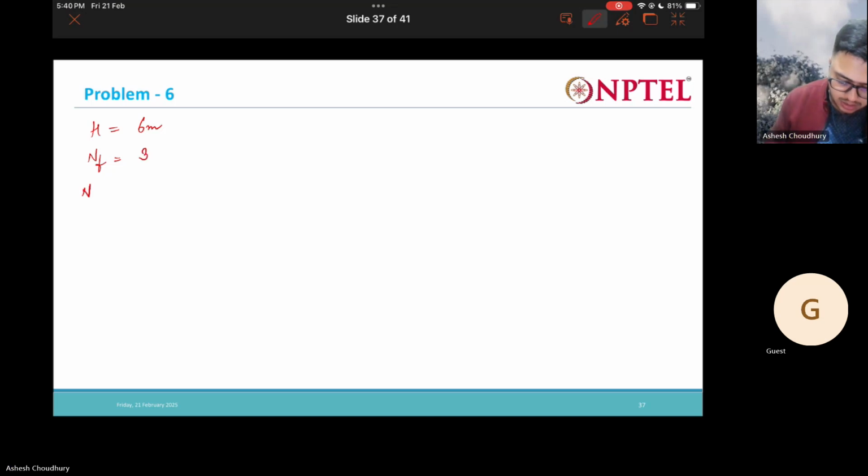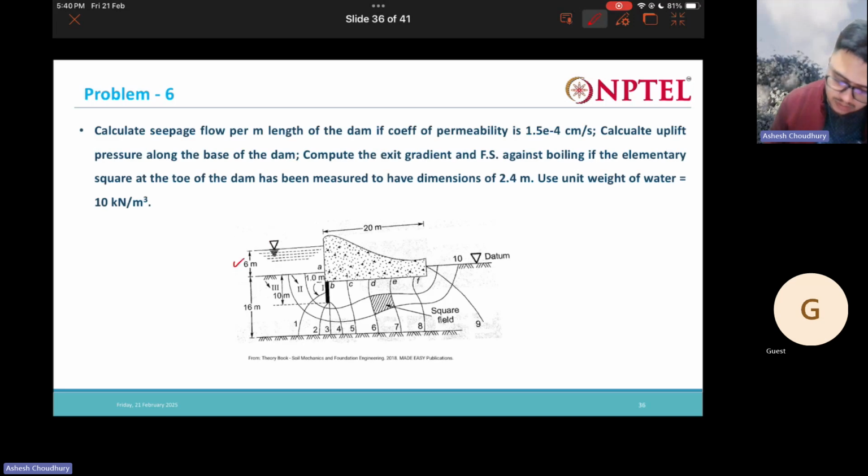The number of drops is 10. And our K is given as 1.5 into 10 to the power minus 4, isn't it? Yes.